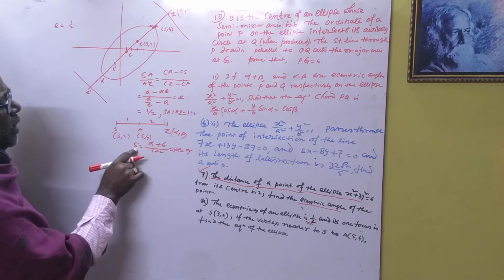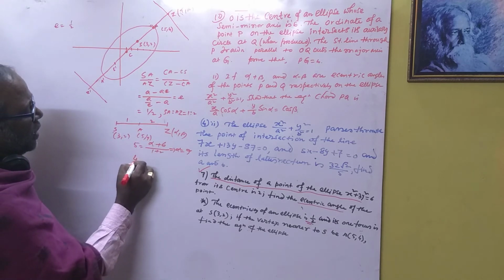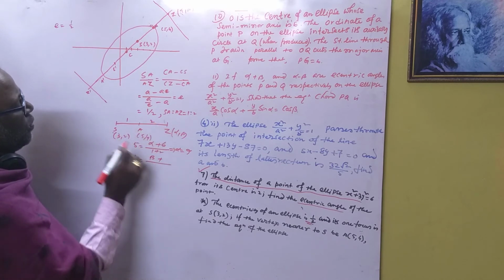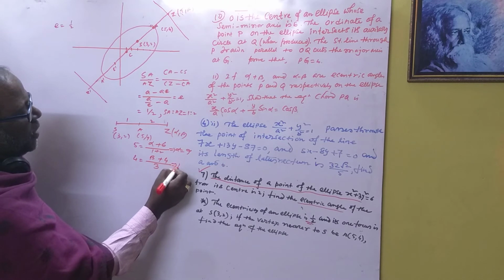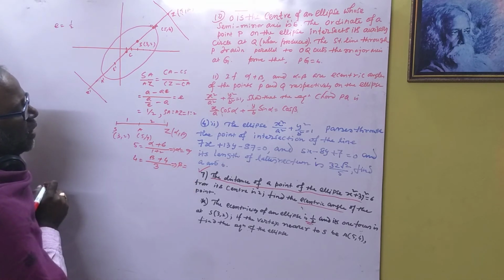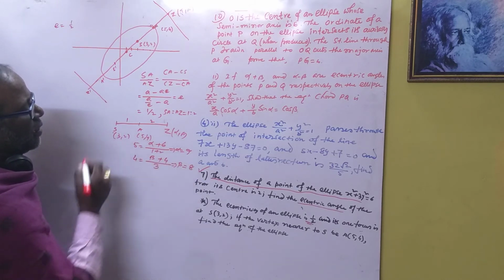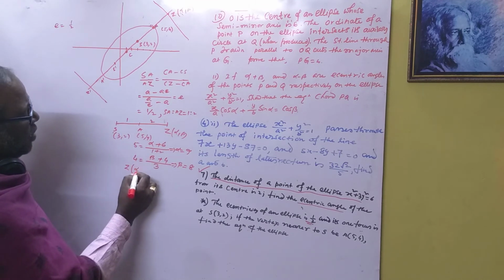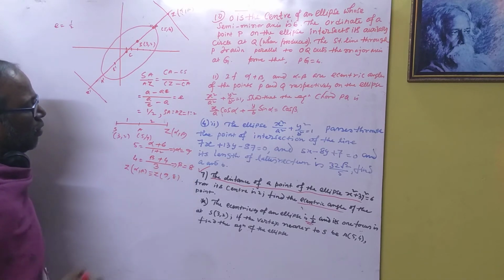And 4 is equal to (1 into beta plus 2 into 2) by 3, so beta is equal to 12 minus 4, that is 8. Therefore the coordinate of Z, (alpha, beta), is (9, 8).